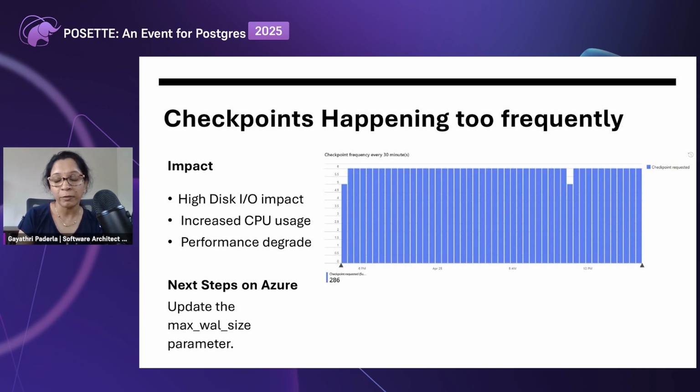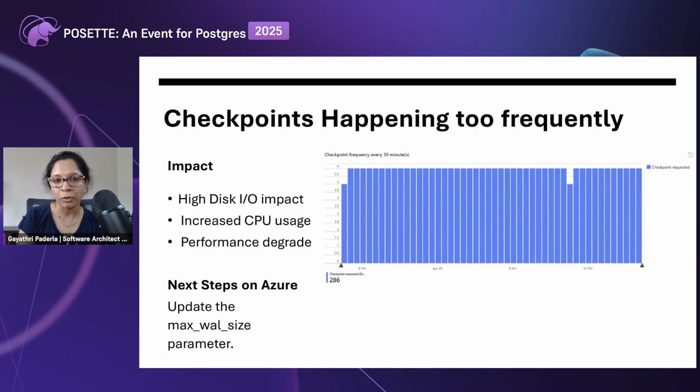But sometimes, if your workload is too heavy and your max WAL size, which is a parameter which lets the WAL grow until that specific maximum size is reached and then automatically triggers a checkpoint, in which scenario the checkpoints become more requested rather than timed.